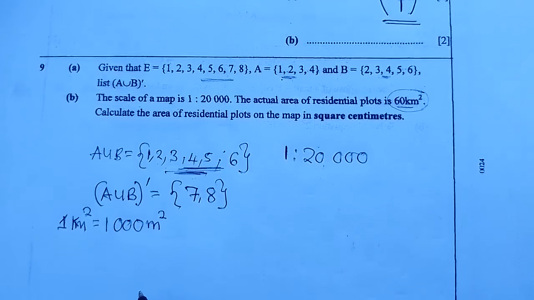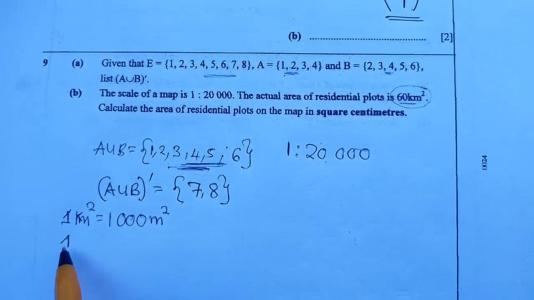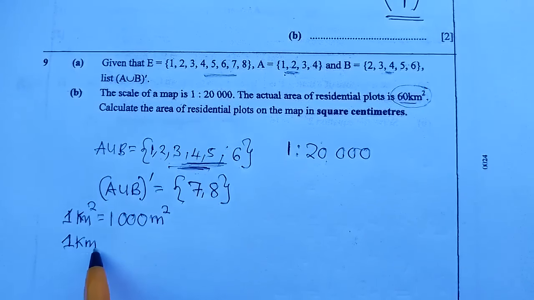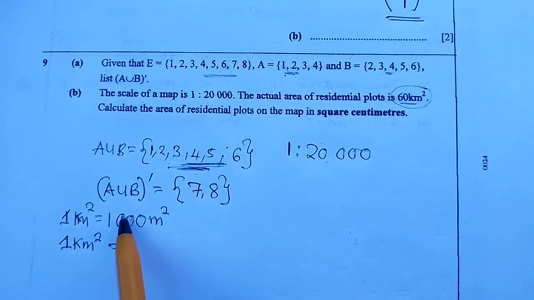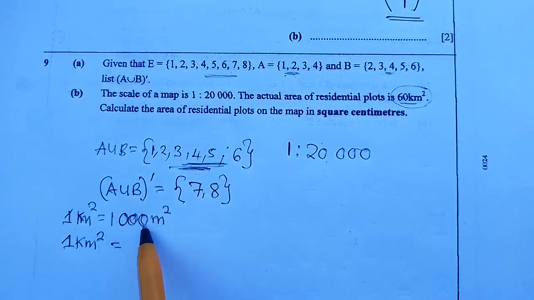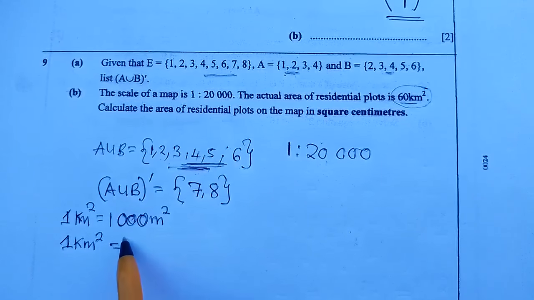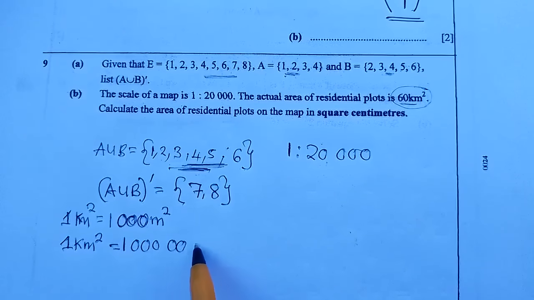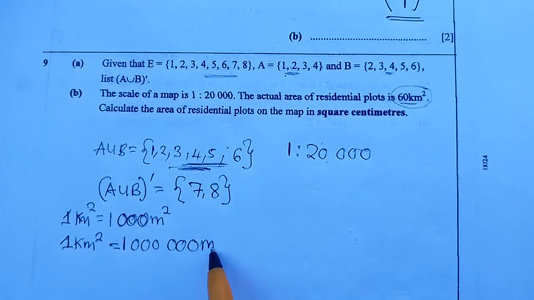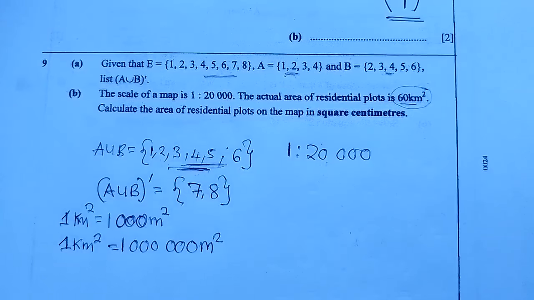Which means that 1 kilometer squared is equal to, squaring 1,000, the zeros will double, so we're going to have 6 zeros. So 1 kilometer squared is 1,000,000 meters squared. This is what it means.